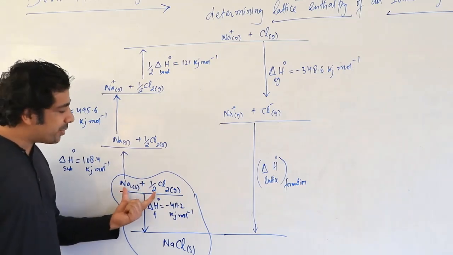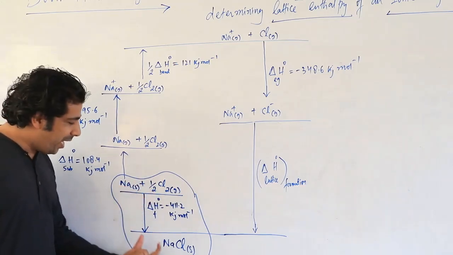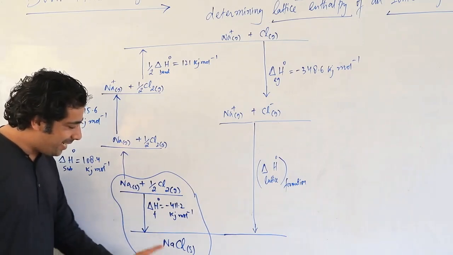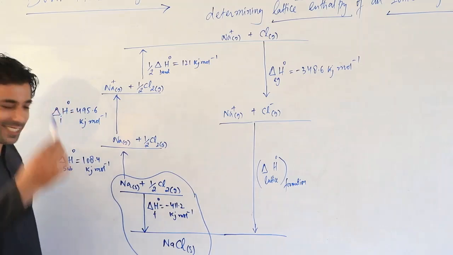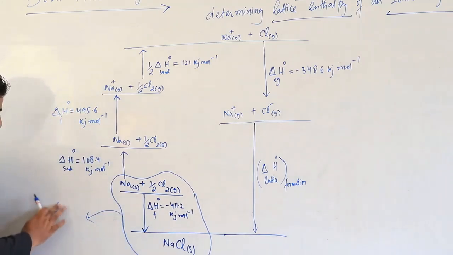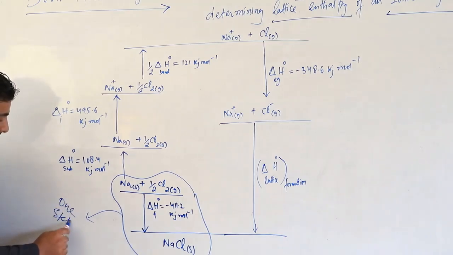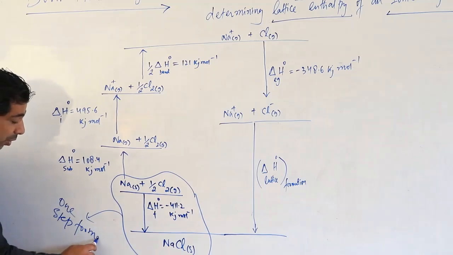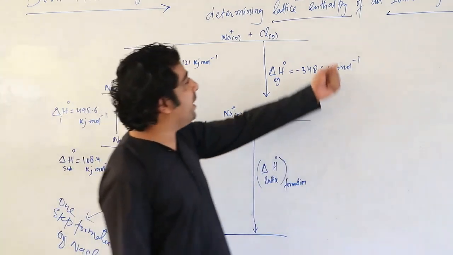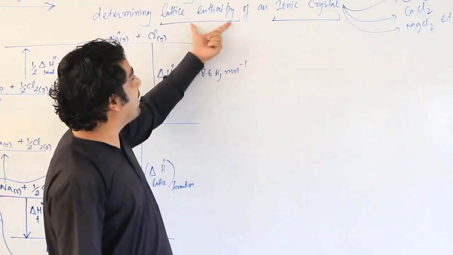We make them react. And we get NaCl, my dear friends. I am making NaCl in just one step. So I can call it the one step formation of NaCl, my dear friends.